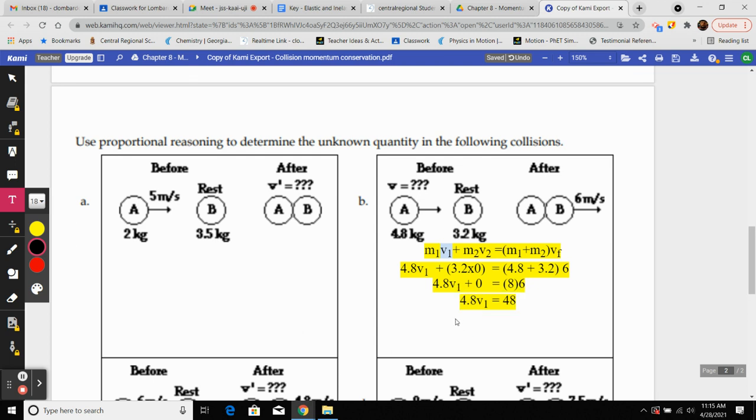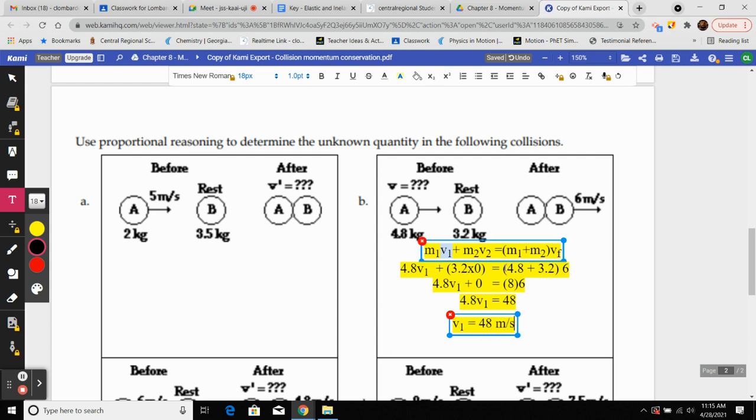So to get V1 by itself, what would I do? Yeah, divide by 4.8. Good. So V1 would equal 48, and the unit is meters per second.